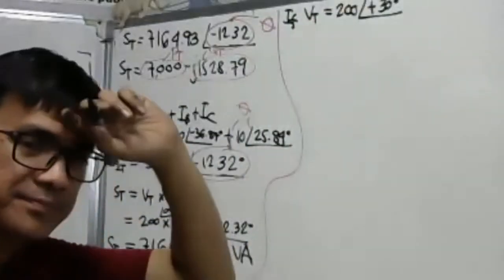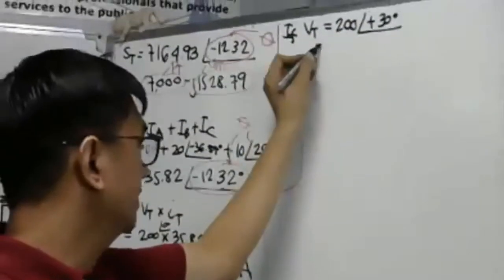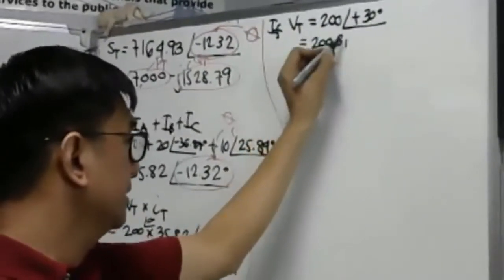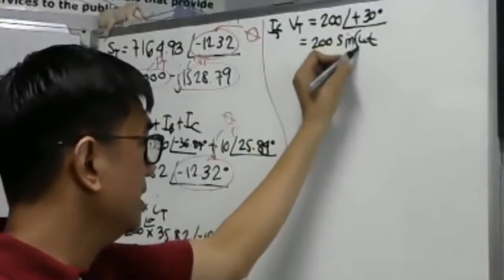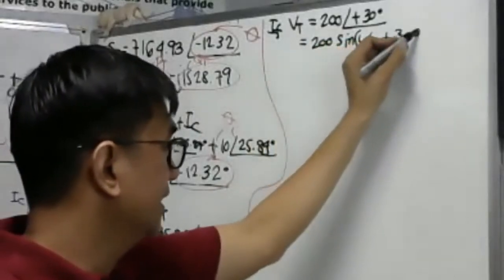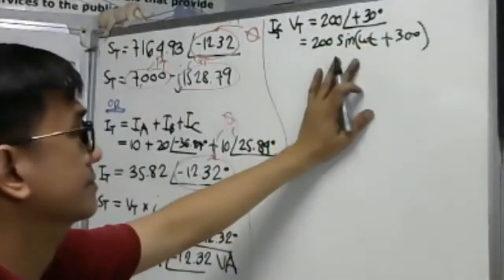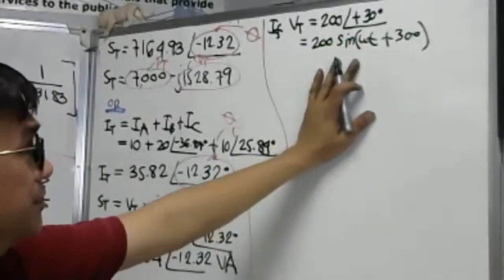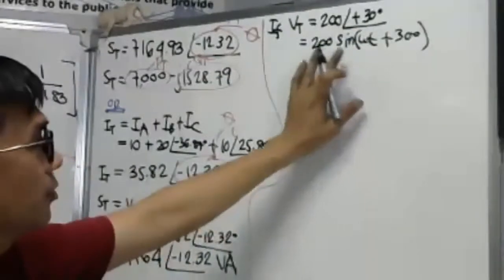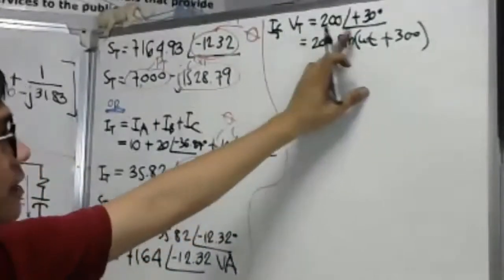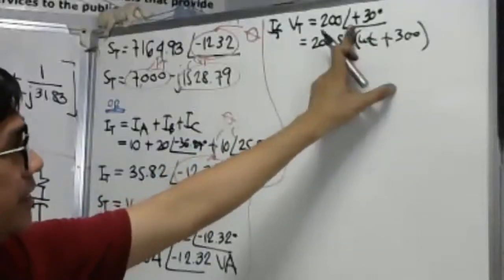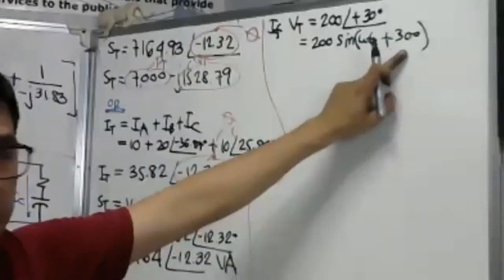Or shall we say we have here 200 sine omega t plus 30 degrees. That's a big possibility in the licensure exam. We have to convert this trigonometric into polar form, carrying over this positive 30 here.